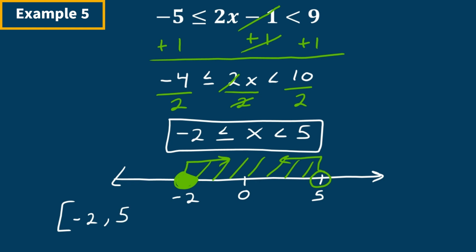If you look at our number line, it goes from negative 2 to 5. Negative 2 can be a solution, however 5 cannot since there's no equal sign there. Therefore, we're going to have a parenthesis at the end. And this one right here is our interval notation for this problem. Now that we found all three ways to write it, this example is complete.